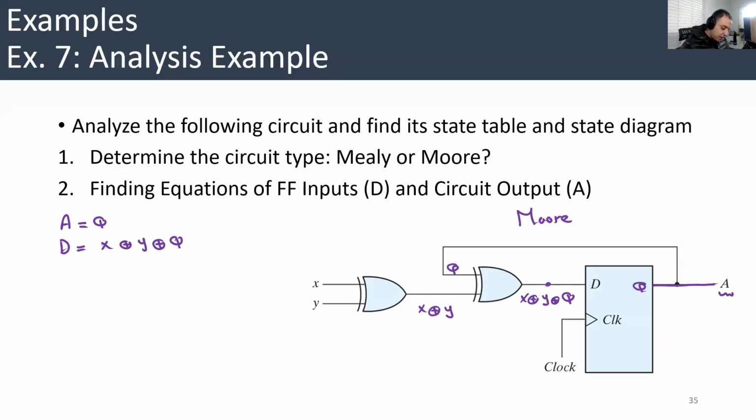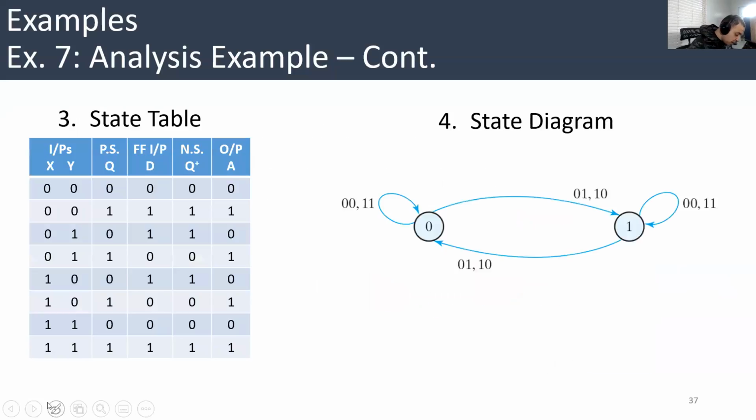Very simple. Then, based on these two equations, we build the state table. Let's check how. Remember, A equals Q, and D equals X XOR Y XOR Q. So you start here with three columns, X, Y and Q. This is the first example in which we see two inputs, not just one input, X. In general, you have inputs, how many?